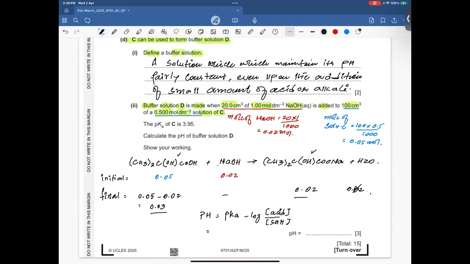The pK value is given, which is 3.95, minus log of acid, which is 0.03, over salt, 0.02. So pH is going to be 3.77.